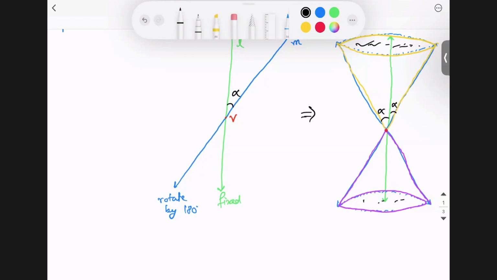For each point, if I have a line at this point, because it is rotating, at some point it will come to this position, and at that position also the angle will be alpha. So you need to imagine that we are working on a 3D object. This is a three-dimensional object.